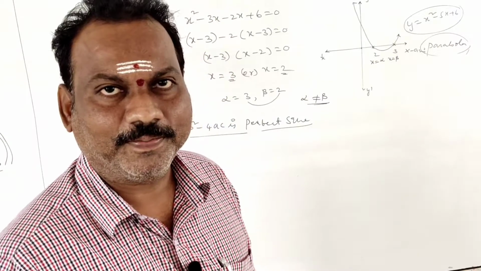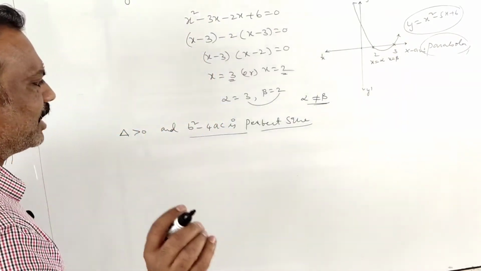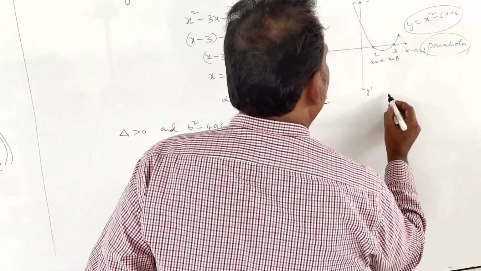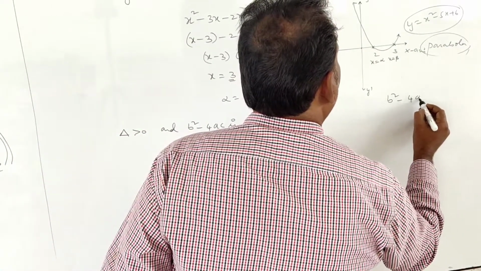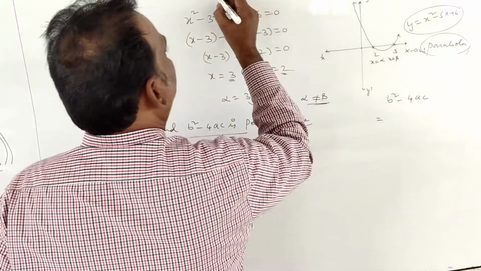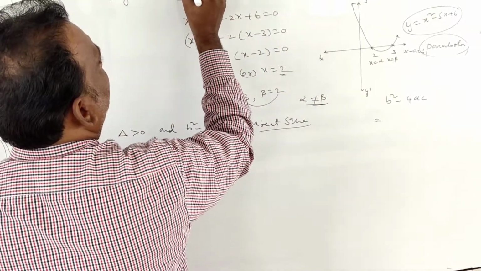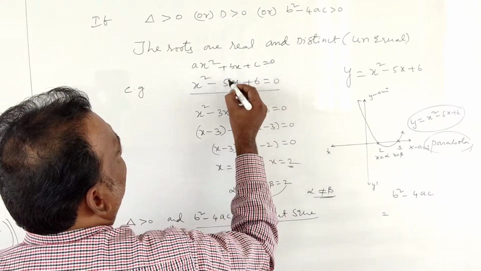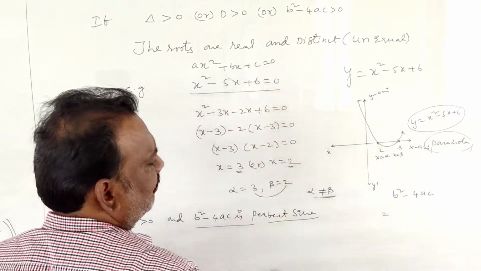That is the meaning. Now, for example, in the same problem, what is b square minus 4ac, students? Comparing with ax square plus bx plus c is equal to 0, the b value is minus 5 and the c value is 6.